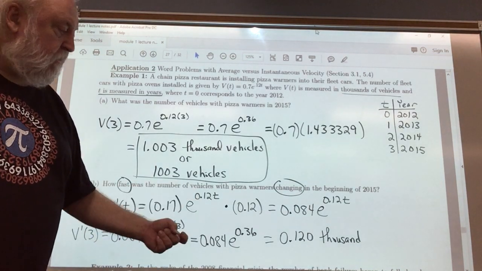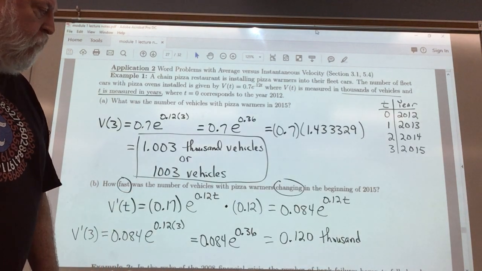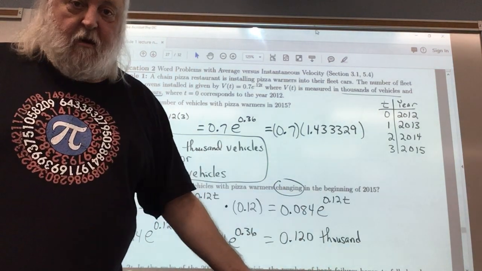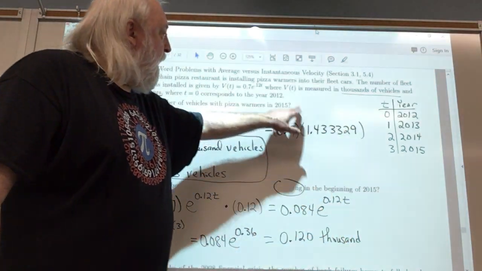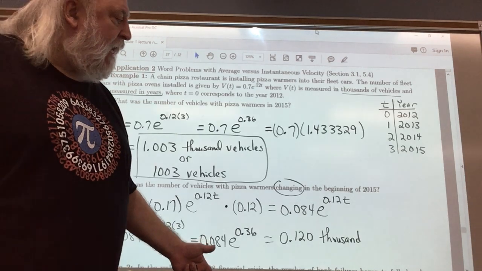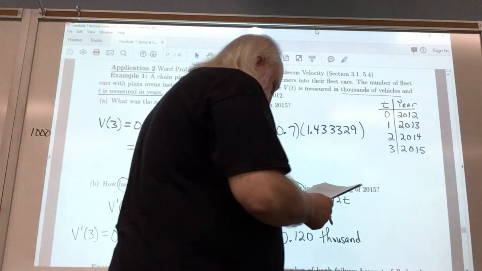So instead of miles per hour, like when you're driving down 501, it's 1,000 vehicles per year. Because V of t is thousands of vehicles, and t time is in years. So the speed or the velocity is 1,000 vehicles per year.